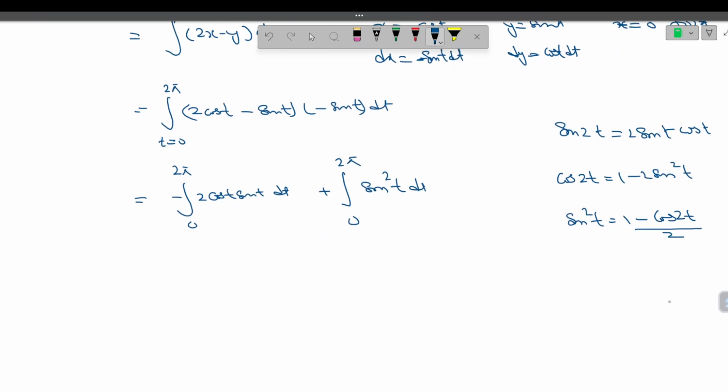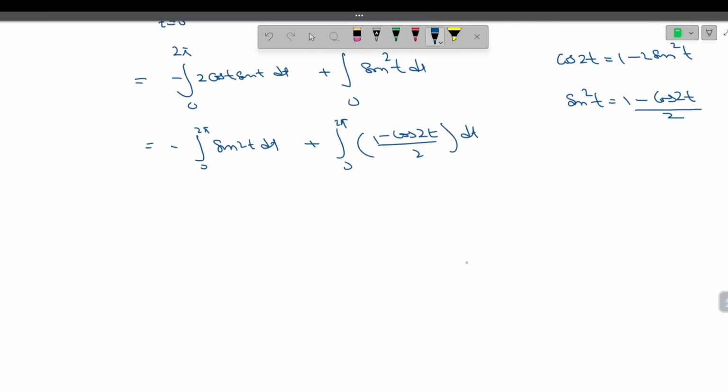This is the formula. So this can be written as minus the integral from 0 to 2 pi of sin 2t dt, plus the integral from 0 to 2 pi of 1 minus cos 2t by 2 dt.